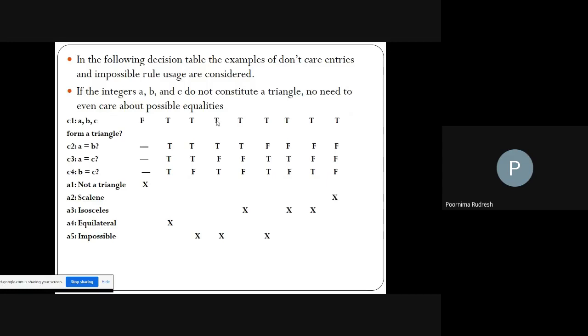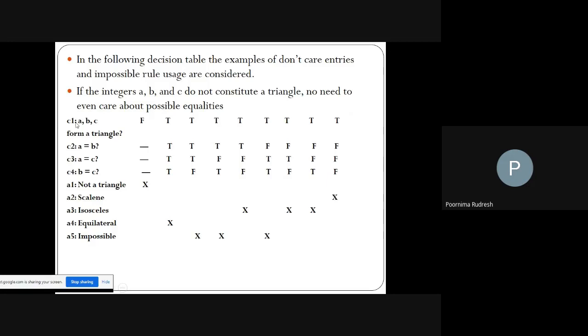We are considering the same example, but in the previous testing methods we considered the conditions differently. Here we are constructing the decision table consisting of true and false, represented with T and F.